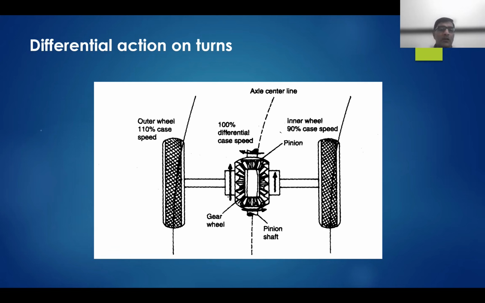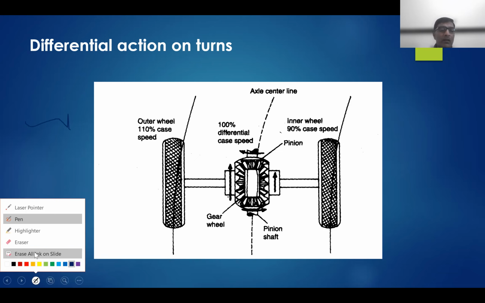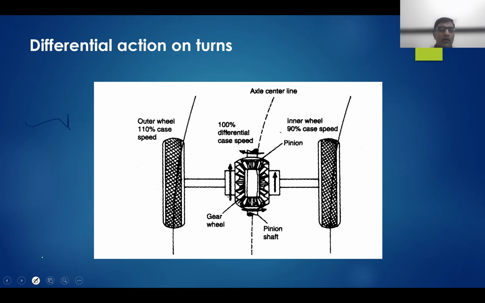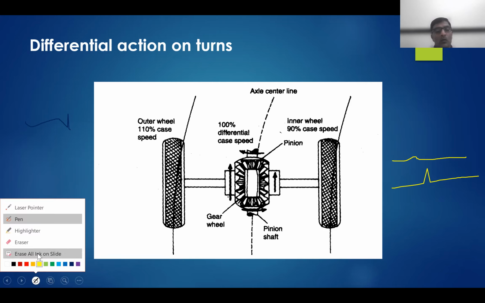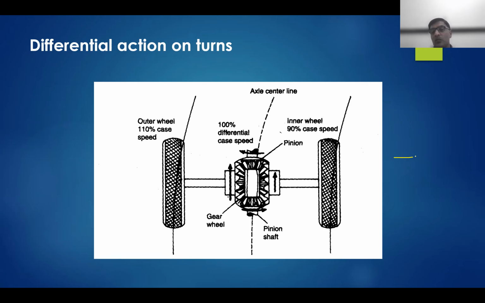What does it mean? The road may be uneven. What is the meaning of uneven? There is a bounce, and one wheel which is rotating at the left side has this, and the wheel at the right has a plain road, not like this.